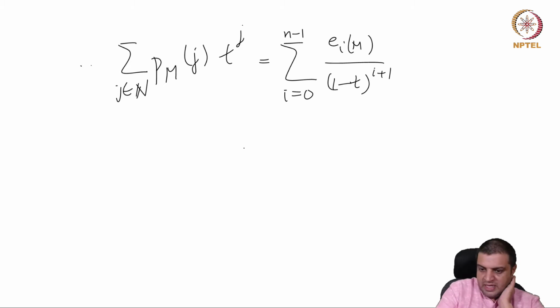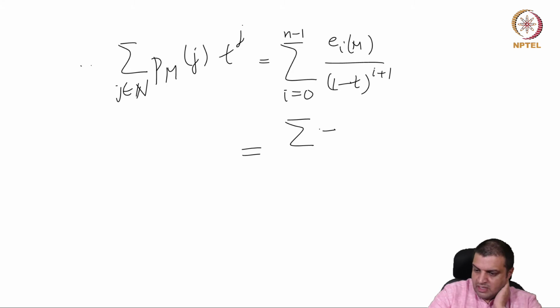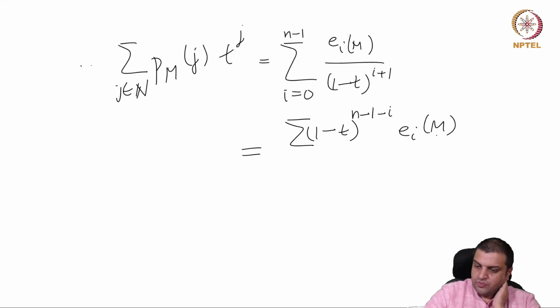The denominators are different, so make them the same. We would get 1 minus t to the n minus 1 minus i times e_i(m), i goes from 0 to n minus 1, as the new numerator, divided by 1 minus t to the n.